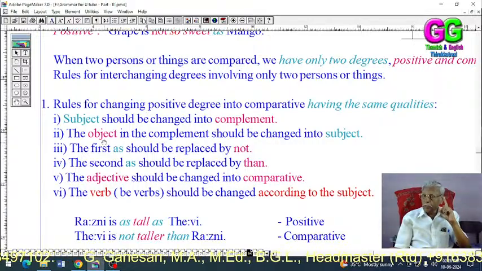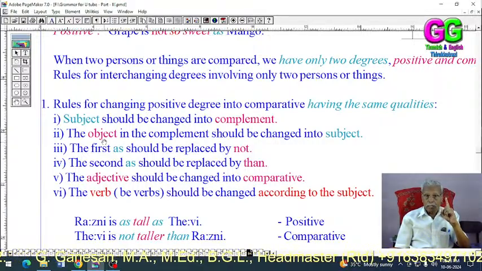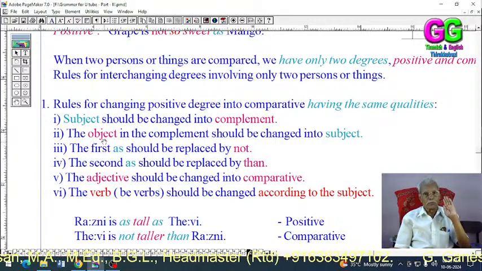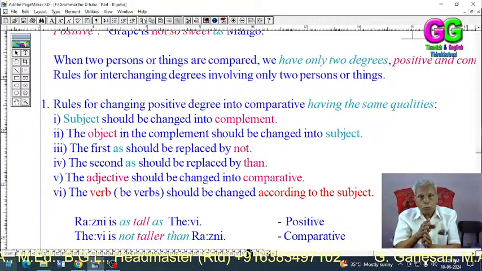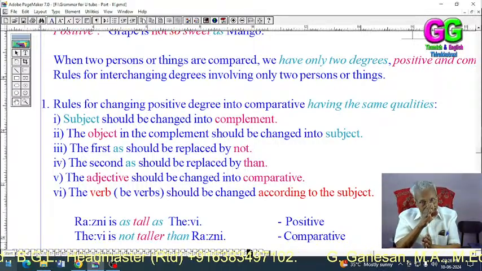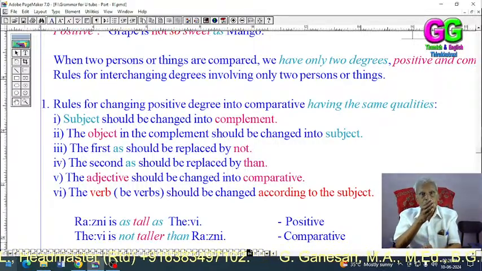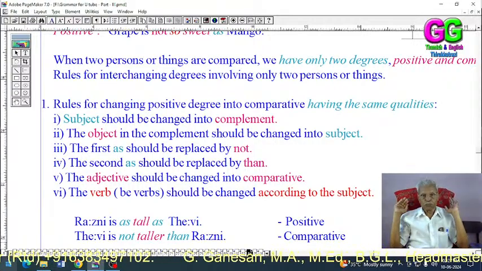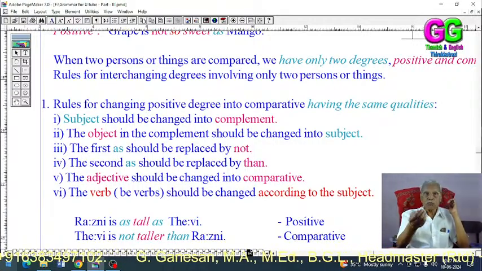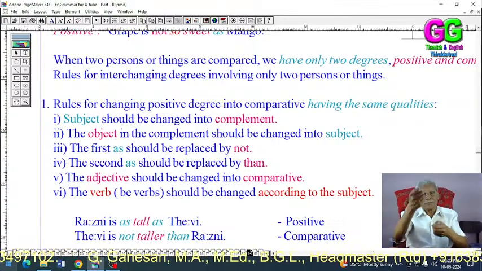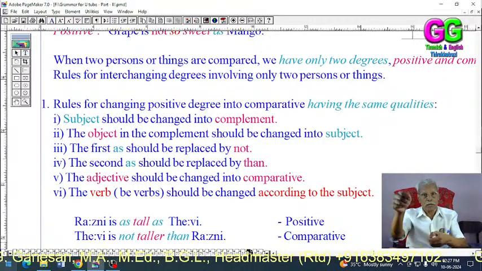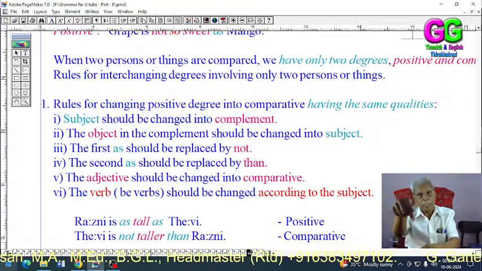So the be verb, am, is, are, was, were, these 5 be verbs should be kept according to the changed subject. If it is changing from positive into comparative, then the be verb also should be changed accordingly, according to the subject of the comparative degree.